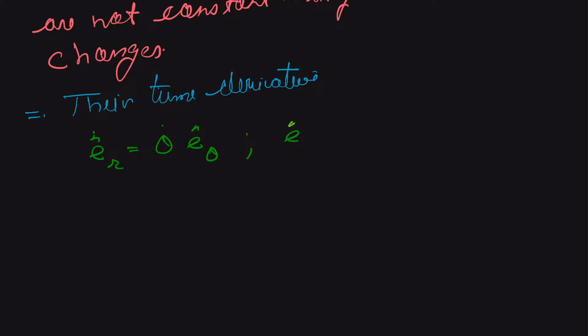Similarly, our e_theta derivative will be giving us minus theta derivative and the unit vector e_r.